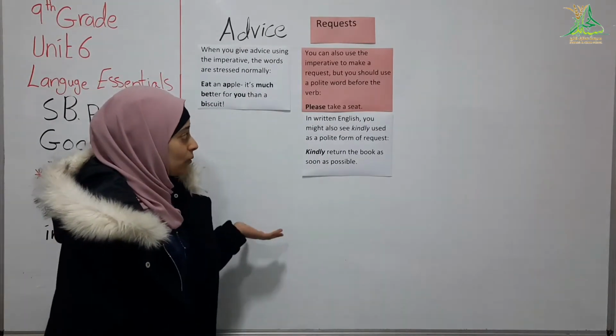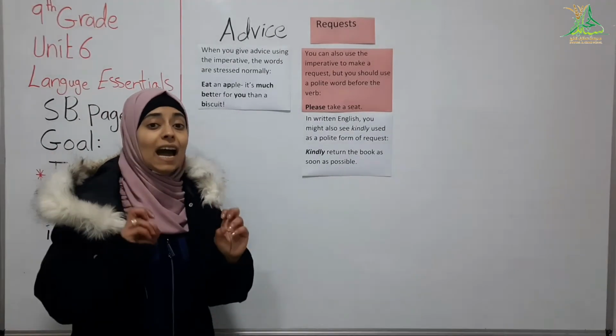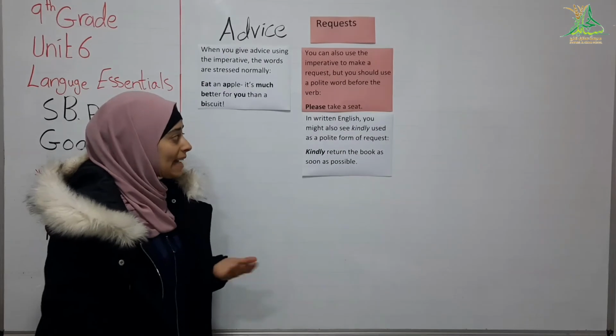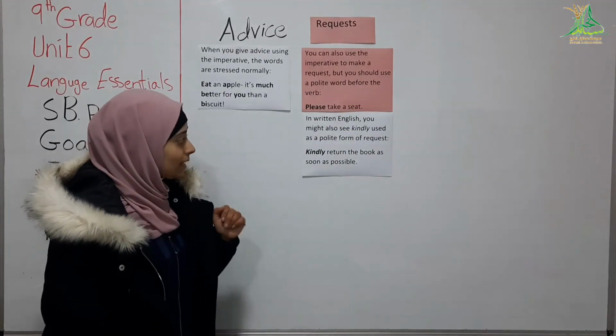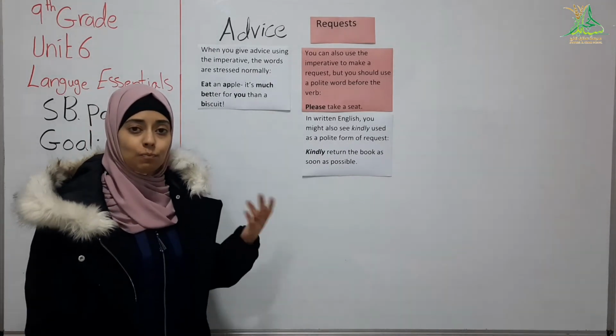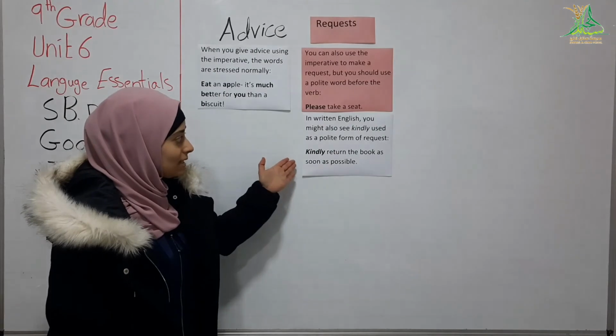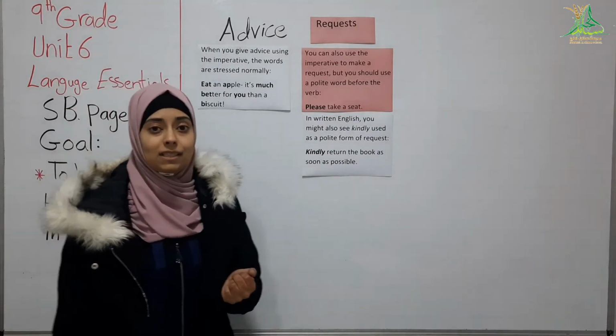Or in written English, you might also see the word kindly used as a polite form of request. For example, kindly return the book as soon as possible. So this is a polite form of using requests.